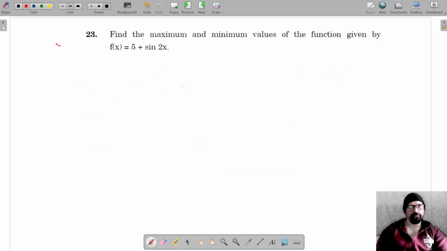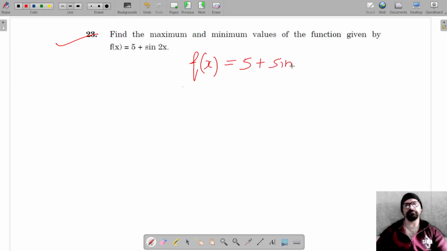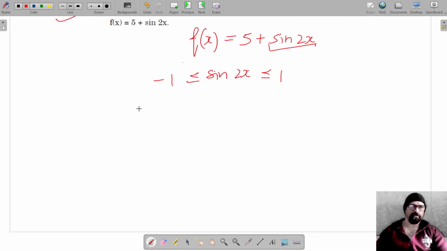For question number 23, we have to find the maximum and minimum values of the function, and our function is f of x is equal to 5 plus sine of 2x. We know that the range of sine 2x is from -1 to 1, and I'm going to add 5 to each of the terms.